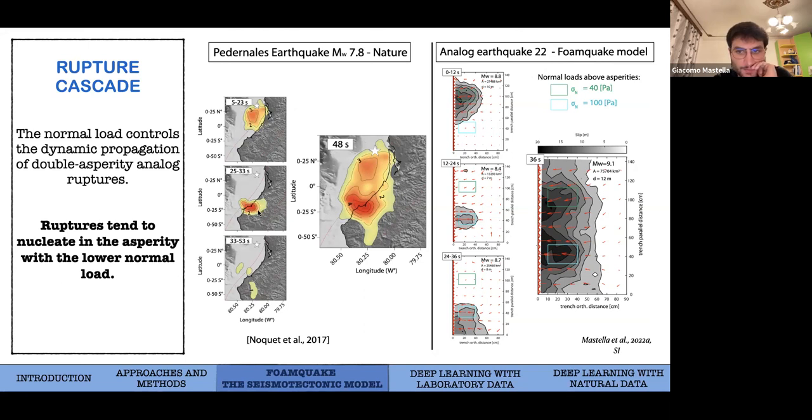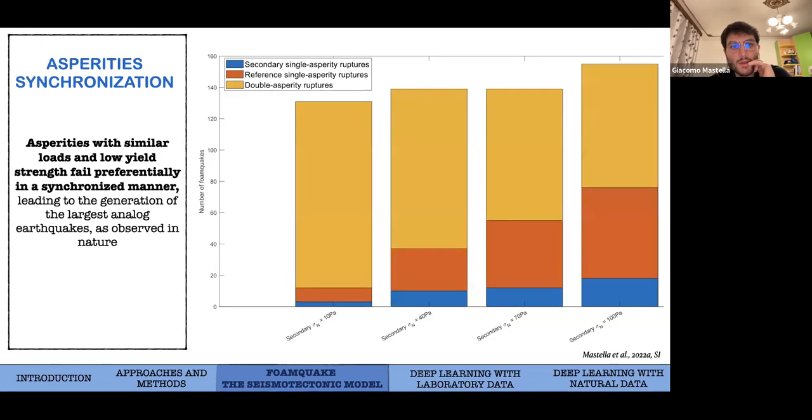A similar pattern is observed here to the right and can be reproduced by our FOAMQUAKE experiment. So we can see here that the rupture starts within one asperity, and then at a later moment, the other asperity is triggered to fail. So we can say that our model can reproduce the so-called rupture cascade process.